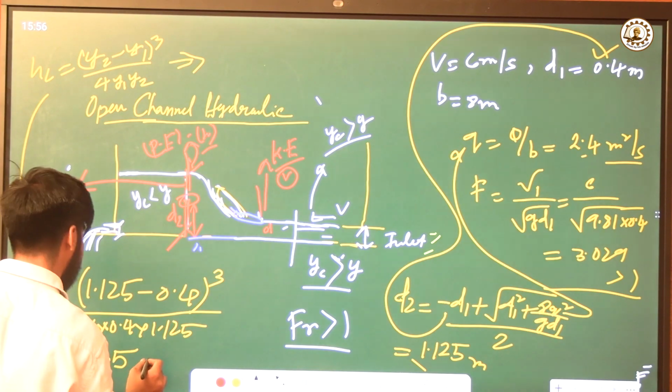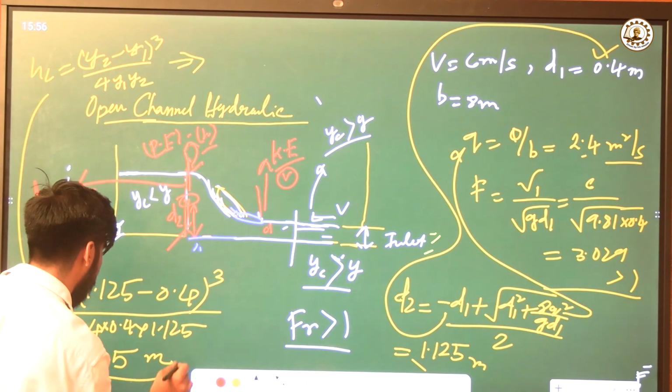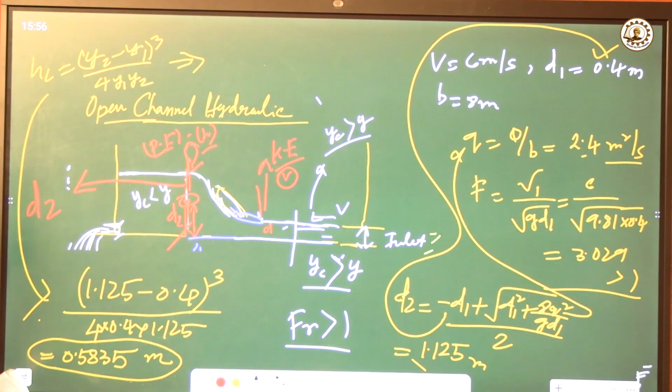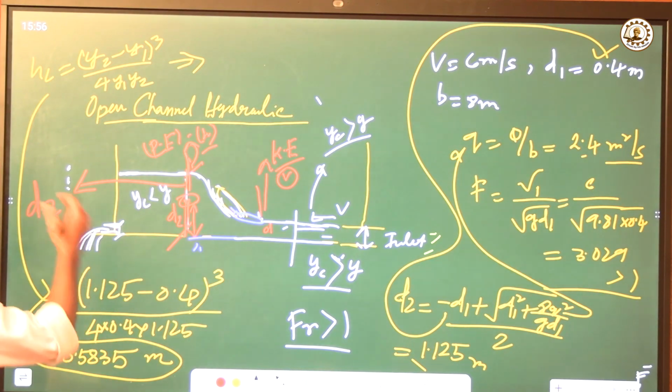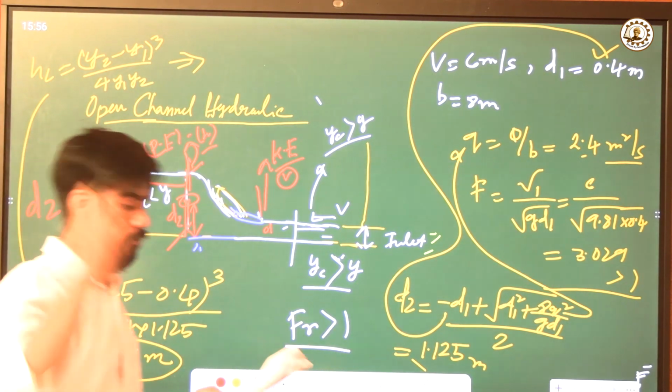The answer will be in meters. So we have the energy loss or head loss of the channel per unit weight of the fluid.